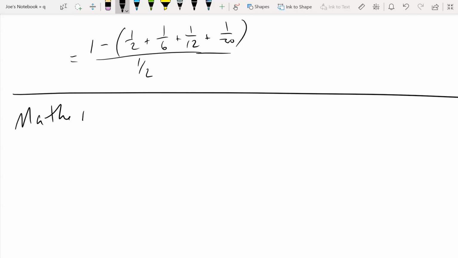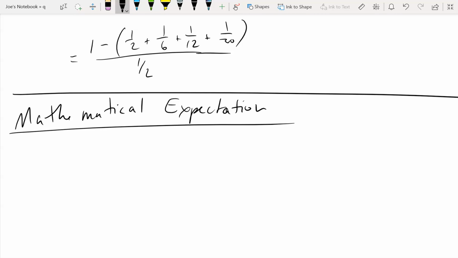So let's go on to the next section and talk about mathematical expectation. And to do this, let's just look at problem 2.23 in your book on page 66.